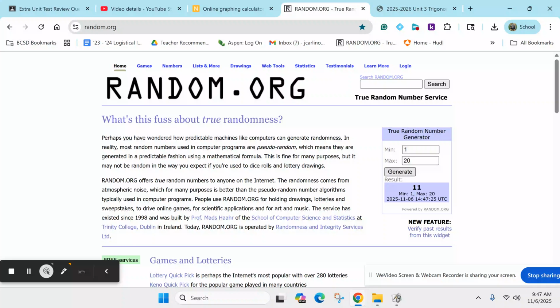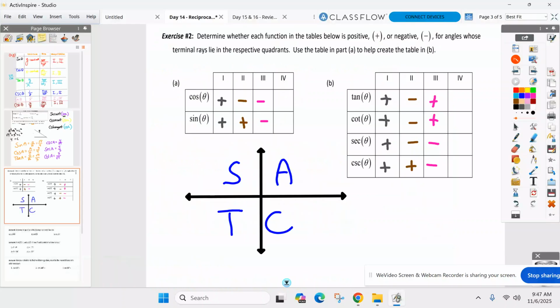Gabriella, you ready to go? Cosine in the 4th. Awesome. Sine? Awesome. Tangent? Cotangent? Secant? Good, because it's related to cosine. And cosecant. There we go.